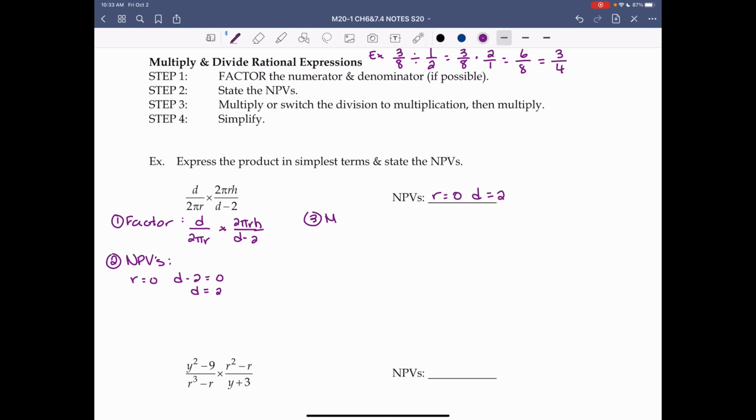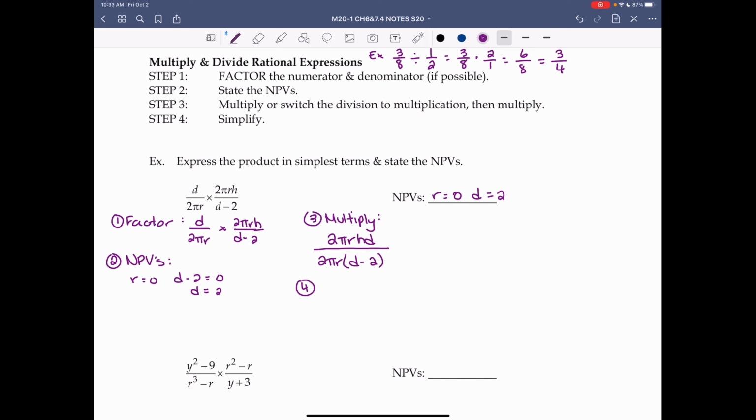Step 3 is to multiply. We want to multiply together, so numerator times the numerator, d times 2 pi r h would just be 2 pi r h d, and then on the bottom we'd have 2 pi r times d minus 2.